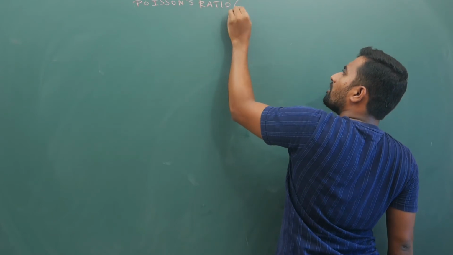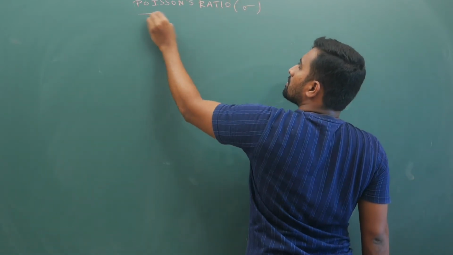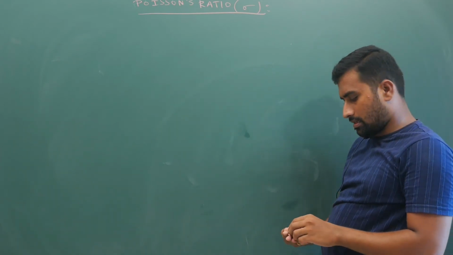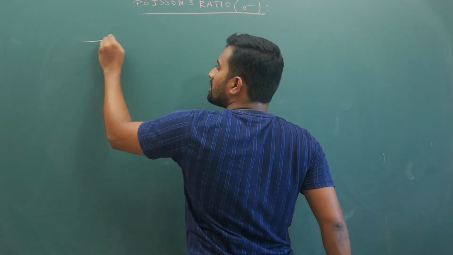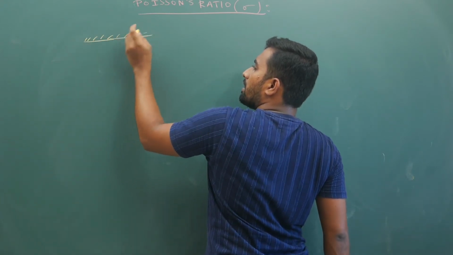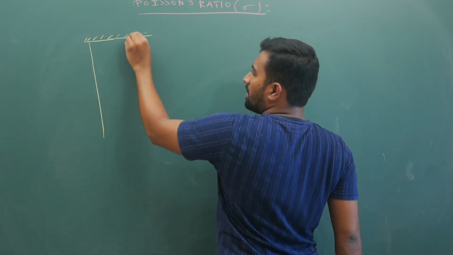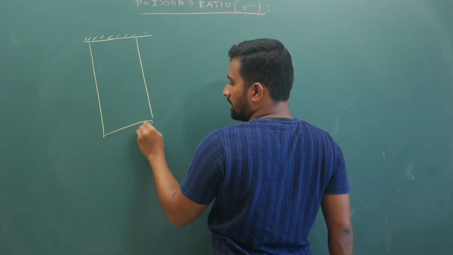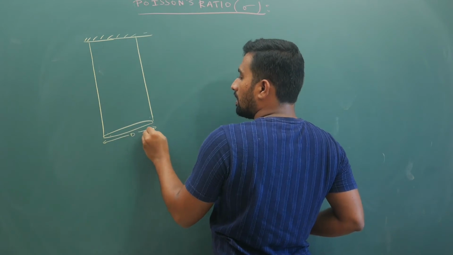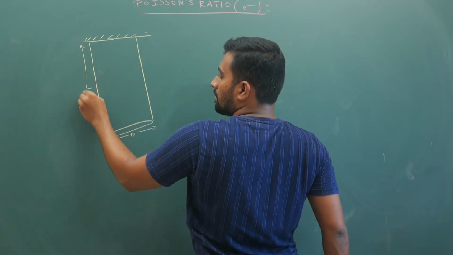When the word ratio is given, obviously it is one quantity divided by another. Now let us say you have a wire like this, and let us say its diameter is d and length is L.